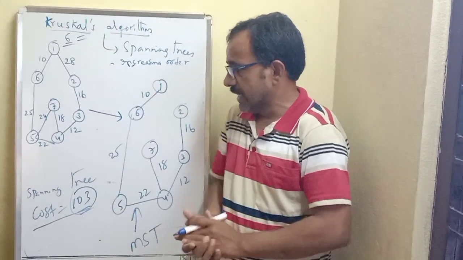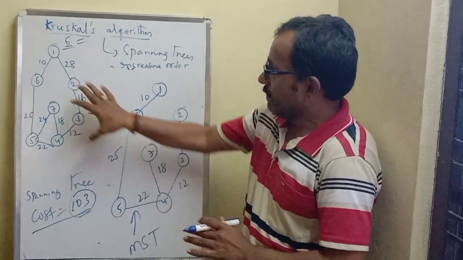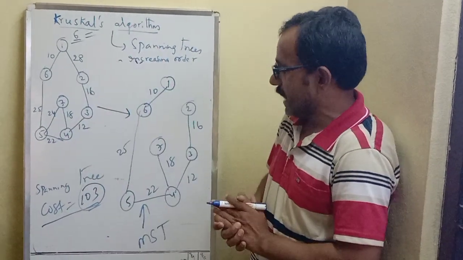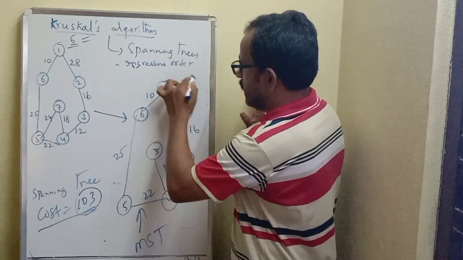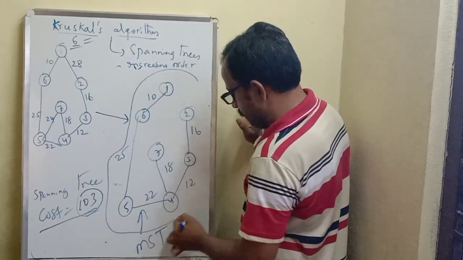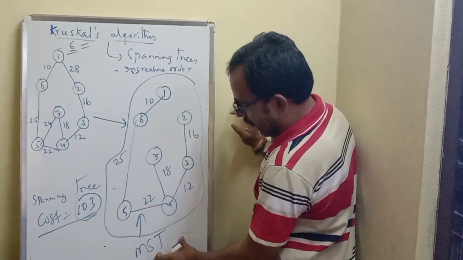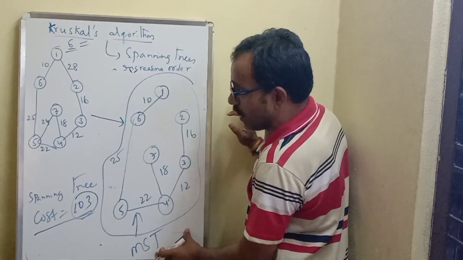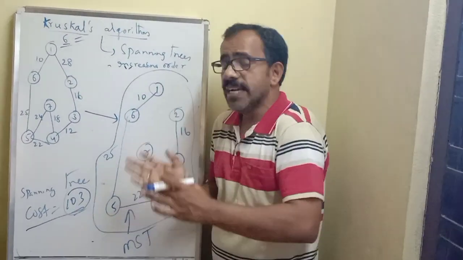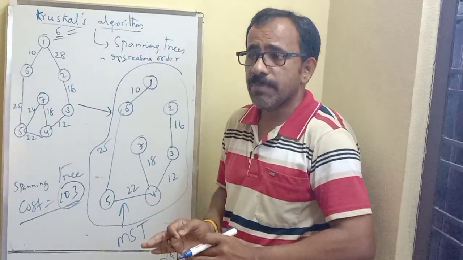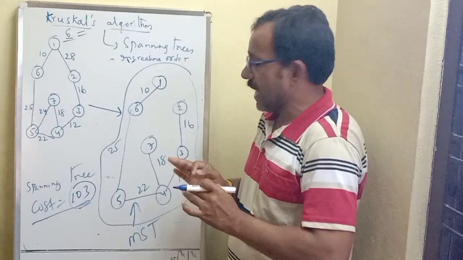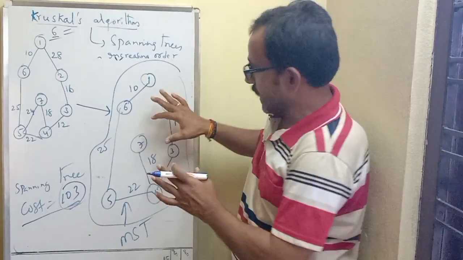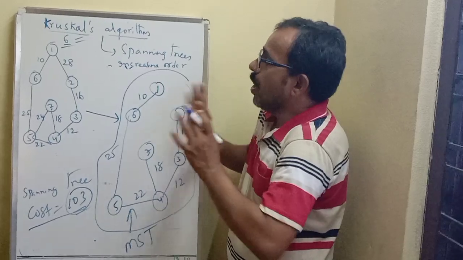Like that, we constructed the spanning tree from the given graph according to Kruskal's algorithm. That's why we say whatever the spanning tree we constructed here, this spanning tree is treated as minimum spanning tree or minimum cost spanning tree, because what I told, the reason is every time we are selecting minimum cost edge for inclusion. That's why we say that this is the minimum cost edge among all the remaining edges.